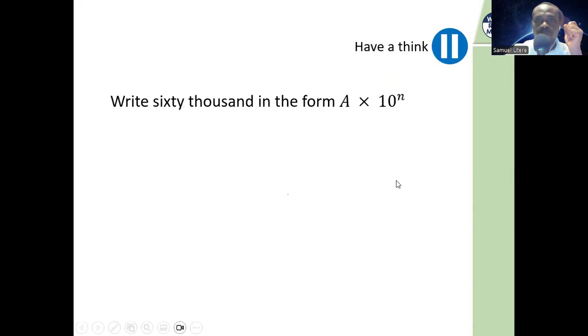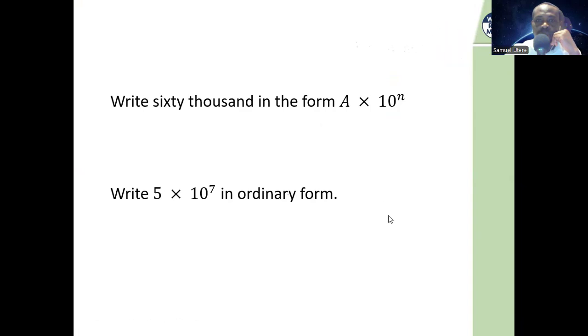Let's do some thinking. How would you write 60,000 in this form? Have a think. Well, 60,000 is 6 times 10,000.